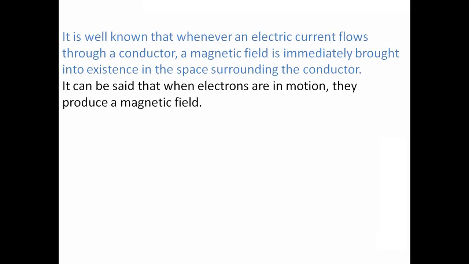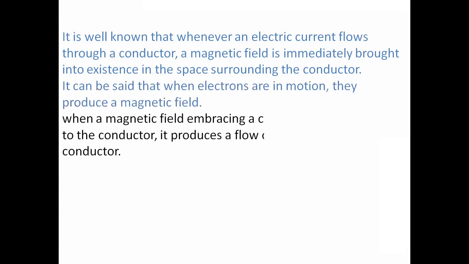In the conductor, the electrons flow because of the applied voltage, and the current flows. Current is nothing but movement of the electrons. When the electrons are moving, a magnetic field forms around the conductor.